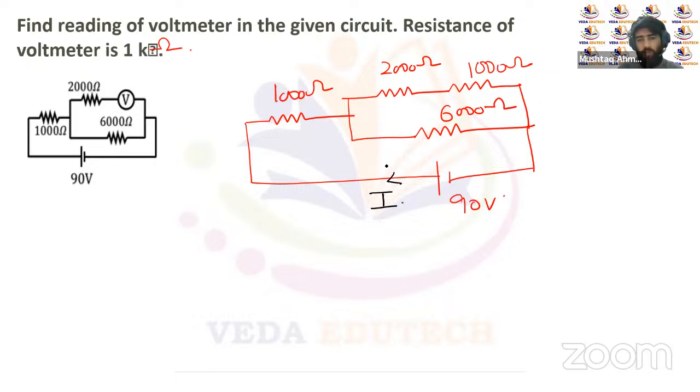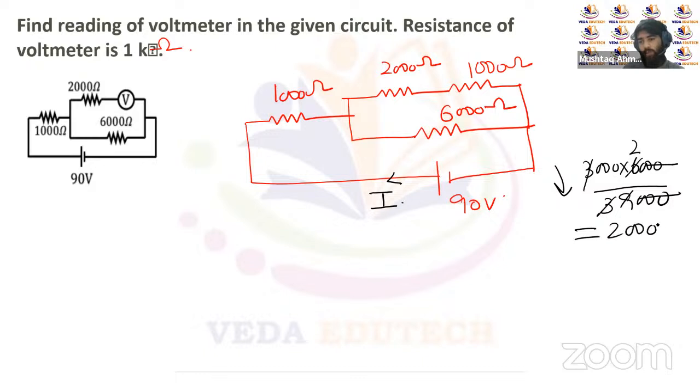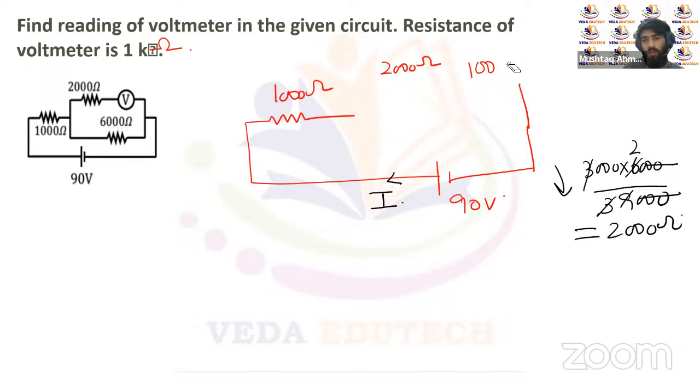The effective resistance for this circuit: these two resistances are in series, so it will be 3000 ohm, and 3000 ohm and 6000 ohm will be in parallel to each other, so their effective resistance will be 3000 multiplied by 6000 upon 9000, which is actually 2000 ohms.